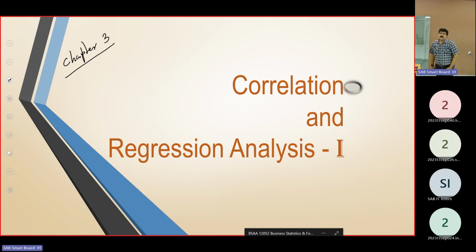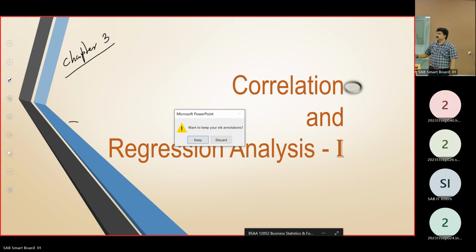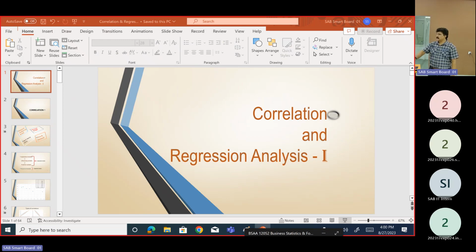So now, what is this correlation? What is this regression? Now, consider these pairs of variables.